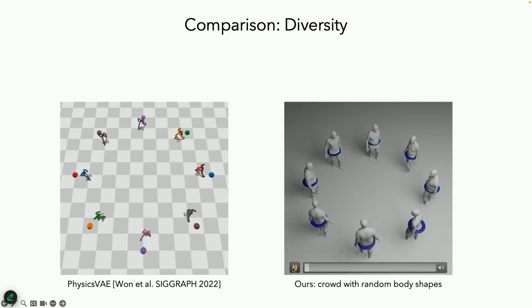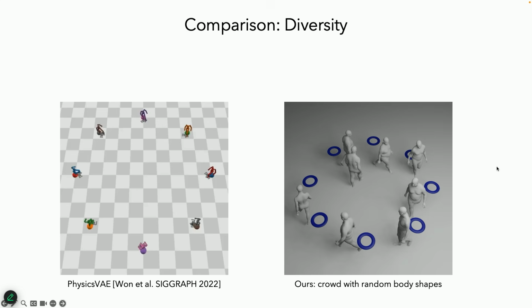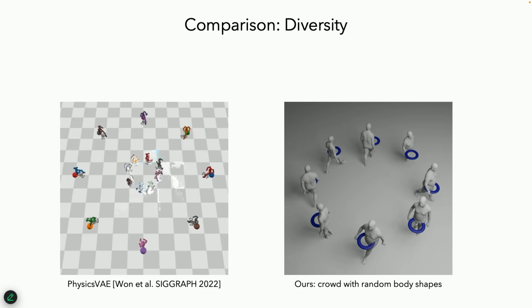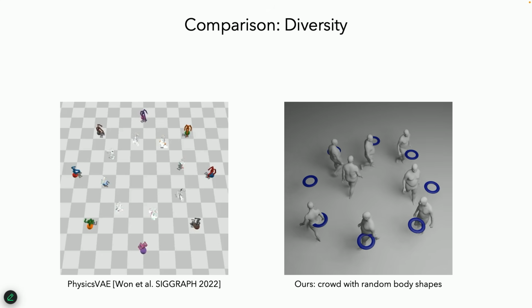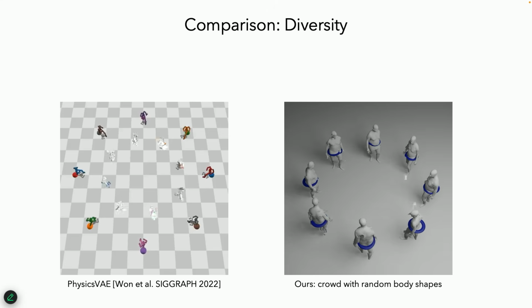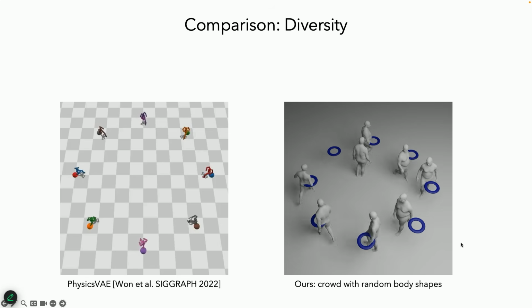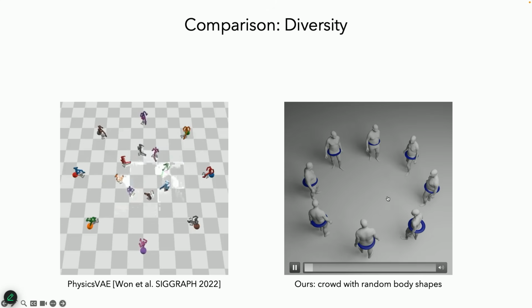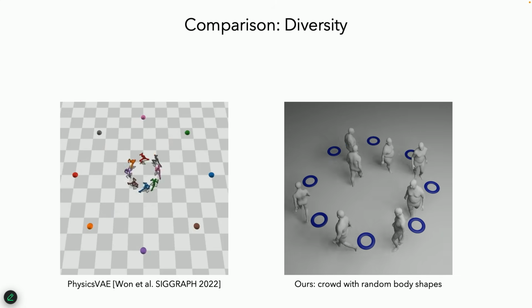In this work, when we train our policy, we have a simulator, and we randomly place objects in the environment. So we don't have a moving environment. But somehow this policy was able to generalize to such a dynamic environment, right? Each virtual human actually moves, and we never trained our motion model in such an environment.